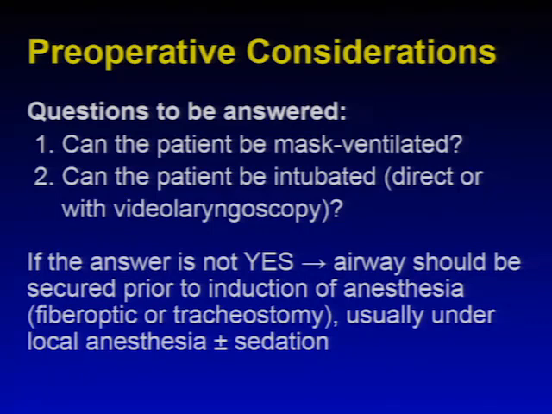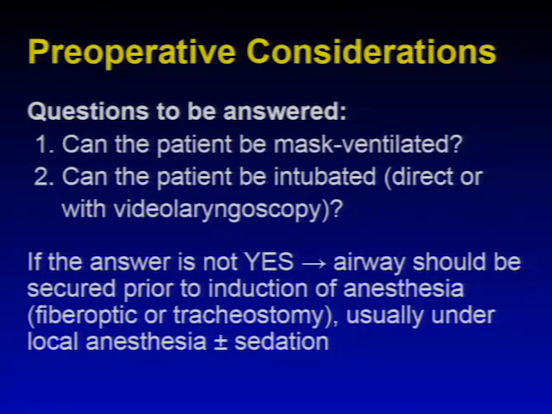There are two main questions that we want to have answered for ENT patients coming for a surgical procedure. Can this patient be ventilated with positive pressure and a mask? And can this patient be intubated, whether that's with direct laryngoscopy or one of the video laryngoscopes currently available?